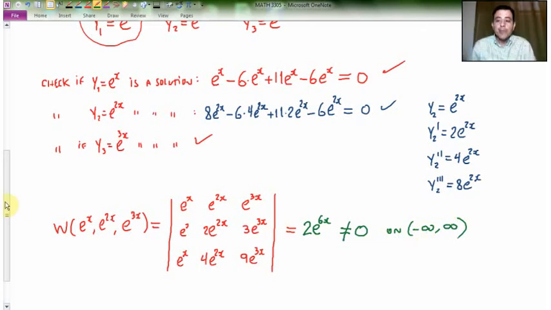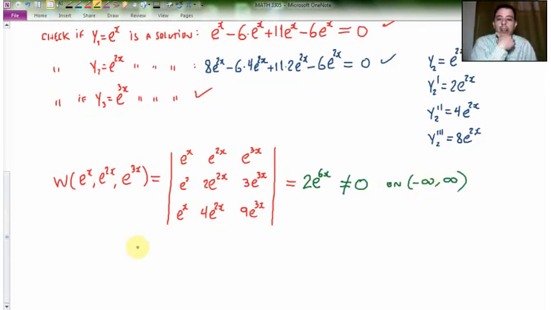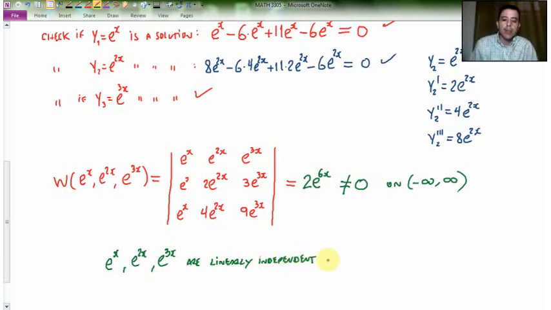So that means that e^x, e^2x, and e^3x are linearly independent on any interval, or in general. We pick the biggest interval, that's the whole real line.